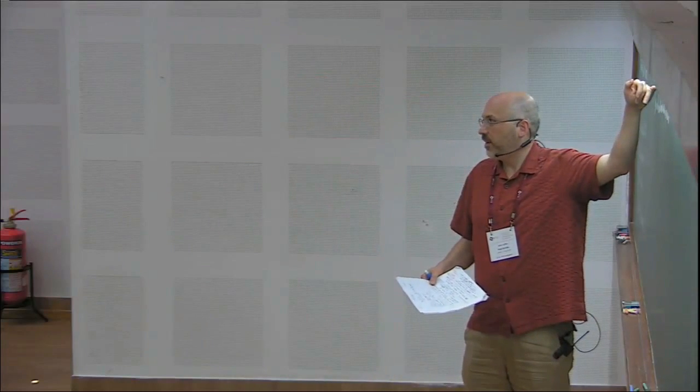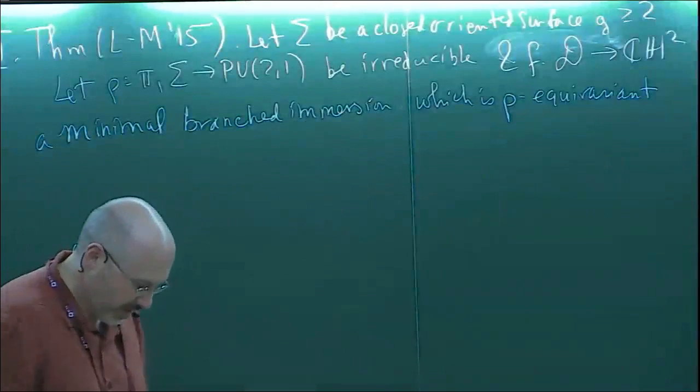When I say quotient of CH2, I'm lying a little bit because we don't know in general that this representation is going to be very nice at all. In general, it may not be properly discontinuous, and so it may be quite nasty. But we can handle all of these things as long as it's irreducible.